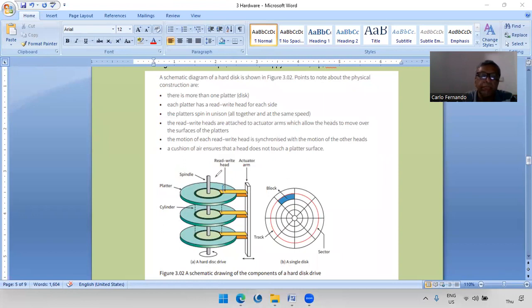Now this head is at the inner place. If the data is somewhere there, it has to move there and wait, and if the disk is turning, it will read. Or it goes to the outer edge, then comes back. Maybe the file is in two different places, or there are two files. First finish one there, then take another one.